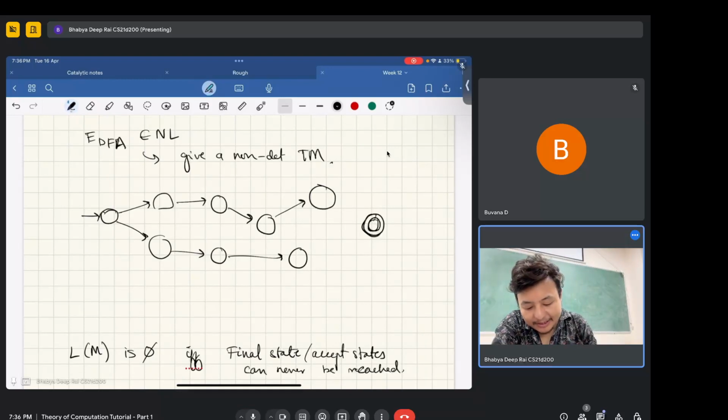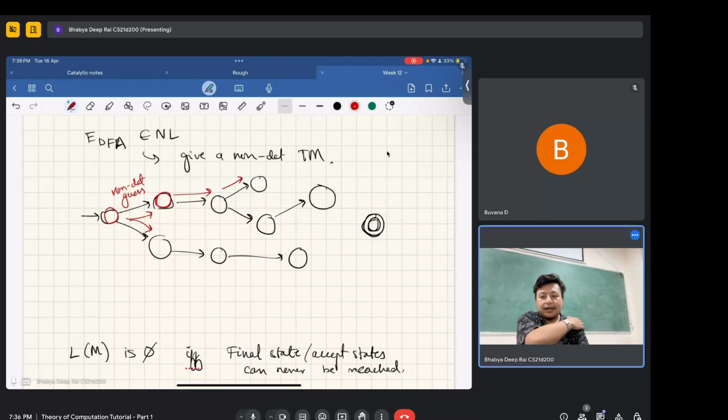Every time I am in a state, I non-deterministically guess the next state I should go to, either this or this. So let's say I guess to go to this, then I'll choose this path, and let's say there was another path here. So I non-deterministically guess another vertex.